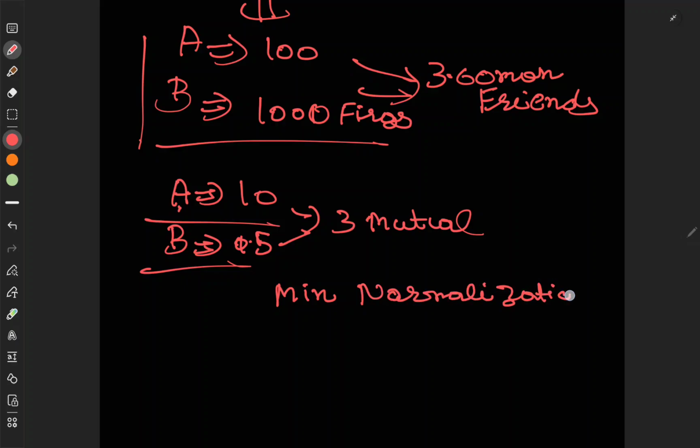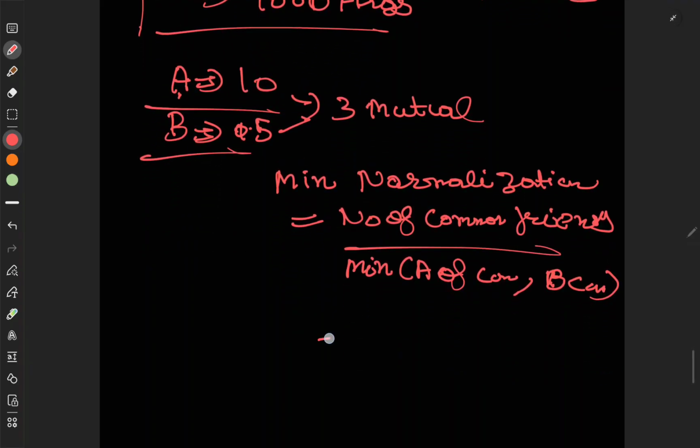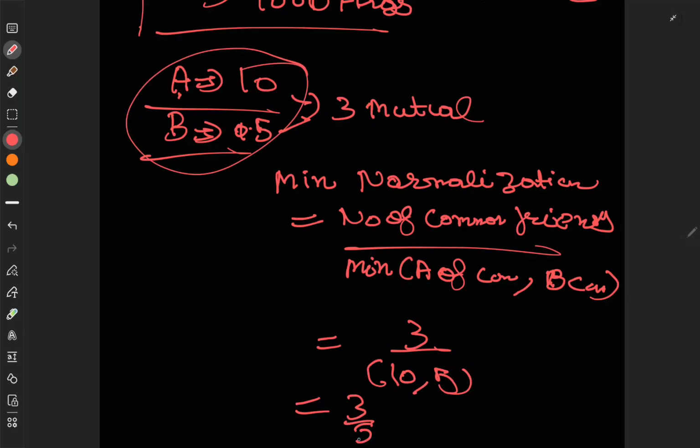The formula is very simple: number of common friends divided by the minimum of A connections, B connections. For this example, it is 3 divided by minimum of 10 and 5, so 3 by 5, which comes to 0.6. You see the value is pretty high, so it means the chances of connecting them are pretty high.